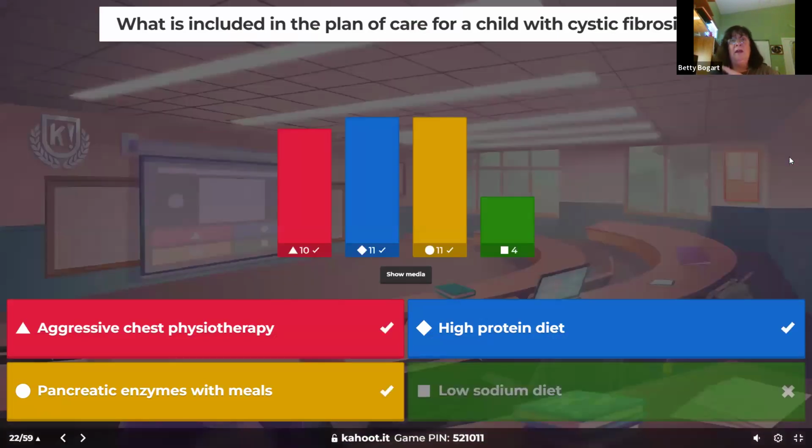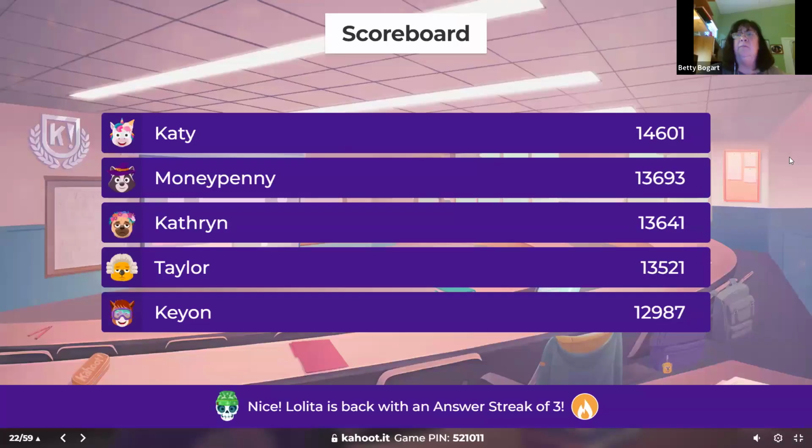I can see them all lined up with their vests on getting chest CPT in the morning. Remember, it's aggressive chest physiotherapy. And remember, we do the therapy before they eat so they don't vomit. And we give the bronchodilators. Absolutely high protein, high calorie, those enzymes with the meals. And as I said, give them as much sodium as they want. They are spewing it through their pores. Never low sodium, high sodium.